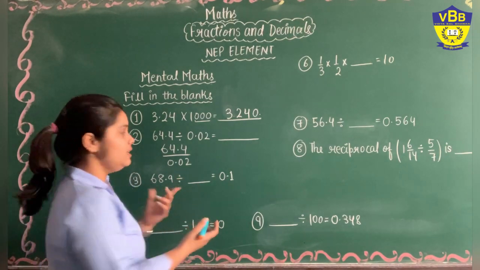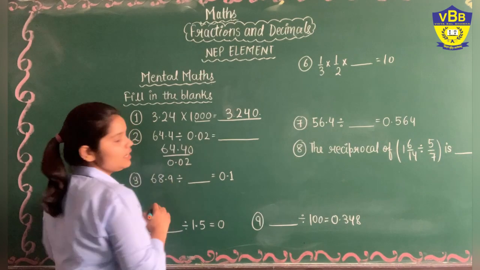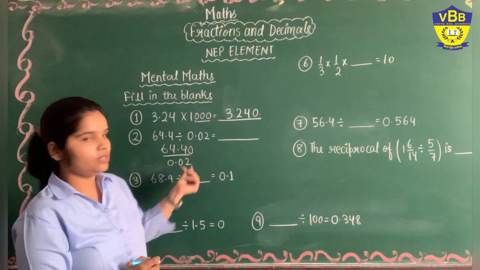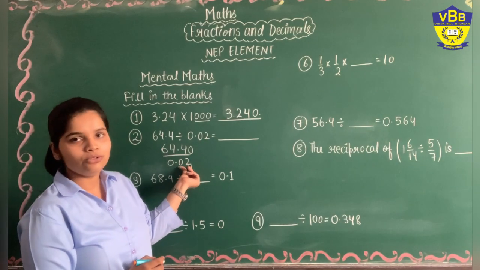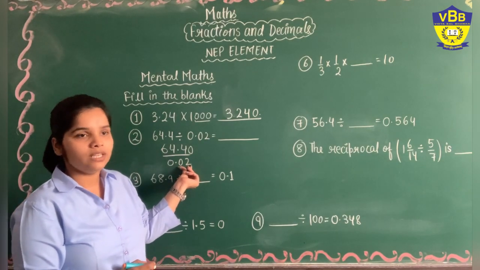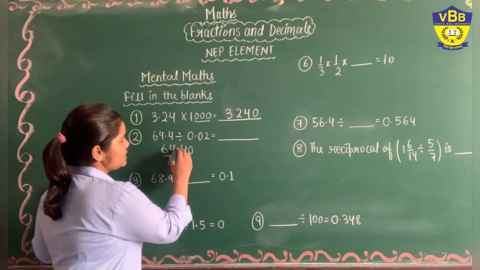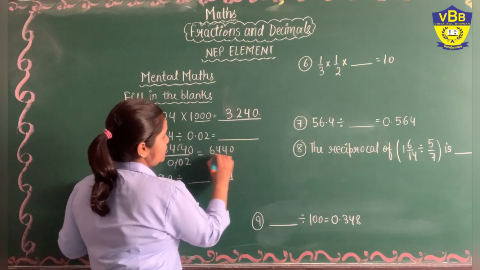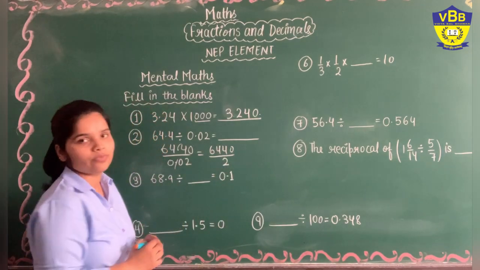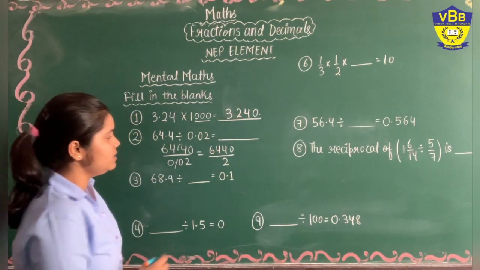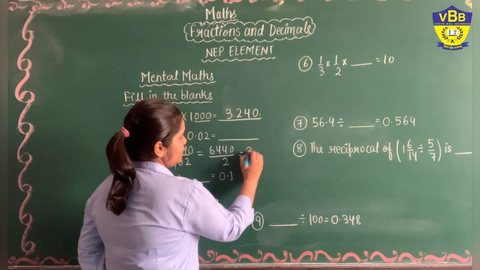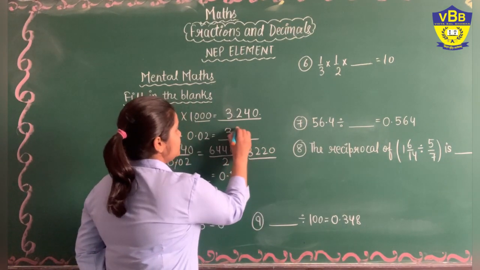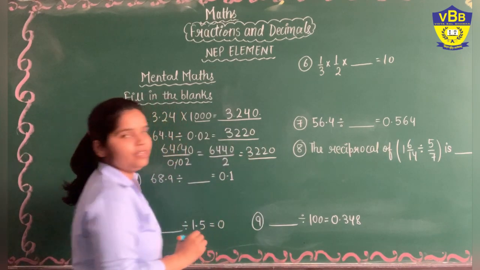By adding 0 against the number. Here we are placing 0. Now 64.40 is having 2 decimal places and 0.02 is also having 2 decimal places. Cancel out the decimals. It will become 6440 divided by 2. You need to divide these two numbers. You will get 3220. The answer is 3220.